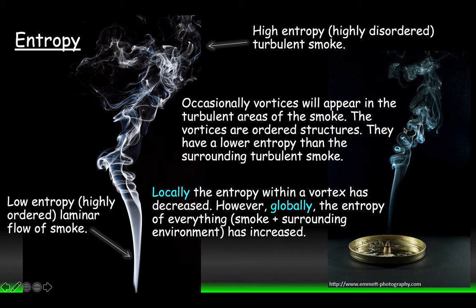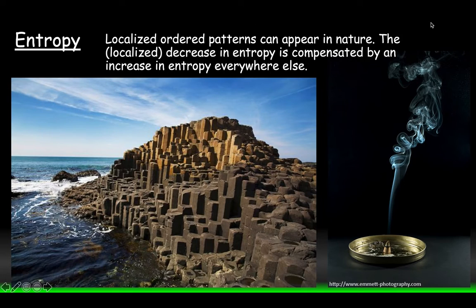And even though we had an increase in order here locally, globally, if you take all the smoke particles into account, the total amount of entropy is still going to increase. So the slight decrease in entropy, the slight decrease in disorder around the vortex is going to be more than compensated by the increase in disorder of all the smoke particles taken as a whole.